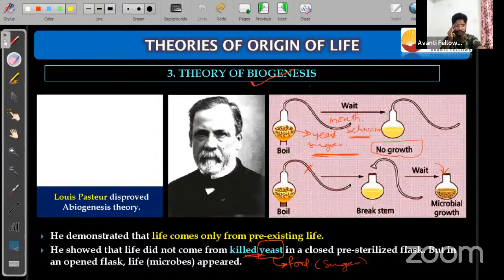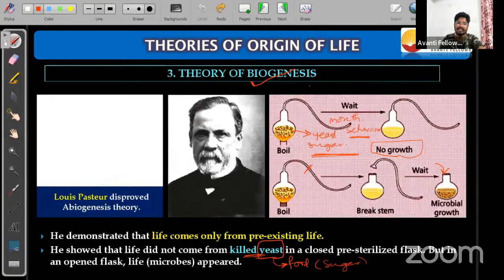What he did, he took some sugar and boiled it along with the yeast. Yeast को लेकर के sugar के साथ boil कर दिया. ठीक है, और boil करने के बाद mouth को close कर दिया उस container का. When he closed the mouth of that container, there was no growth seen. किसी भी प्रकार का growth देखने को नहीं मिला था उसको.